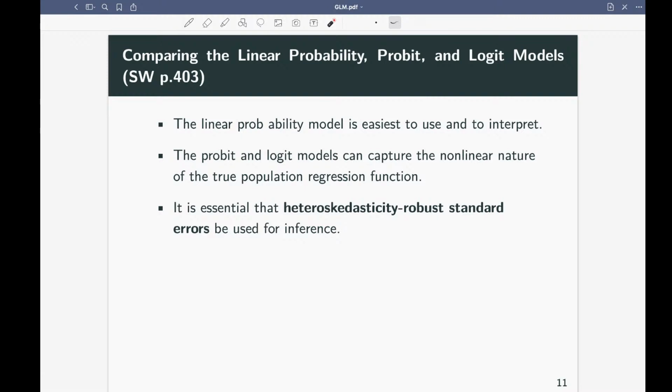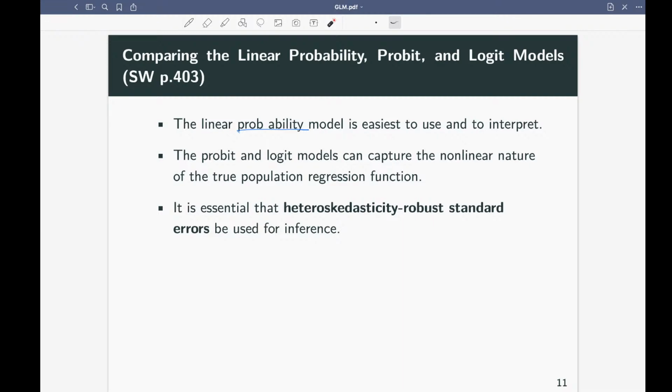Okay, so this is one word. I will update a new version after the class. And next, the Probit model and Logit model can capture the nonlinear nature of the regression. So we usually use Probit and Logit models, not a linear probability model.